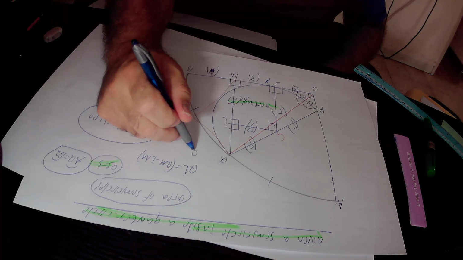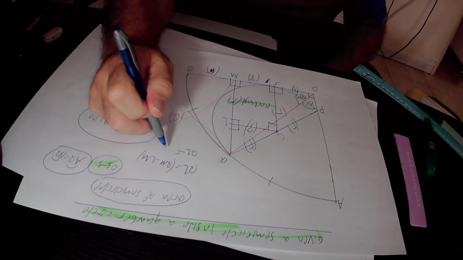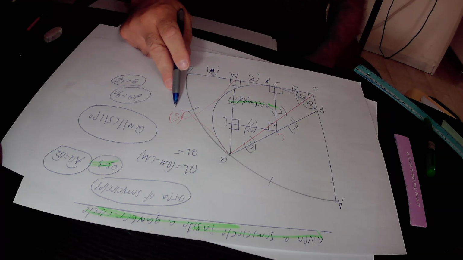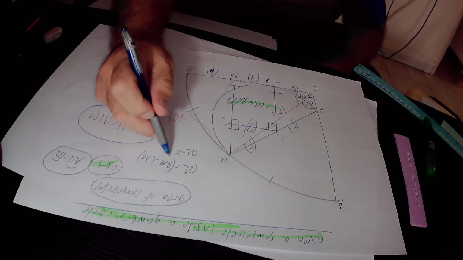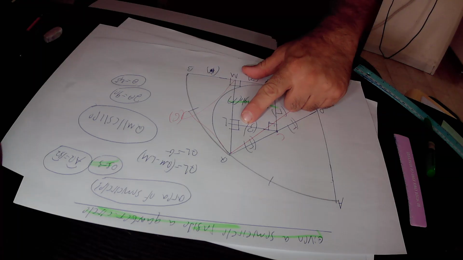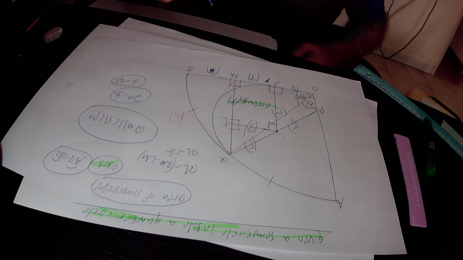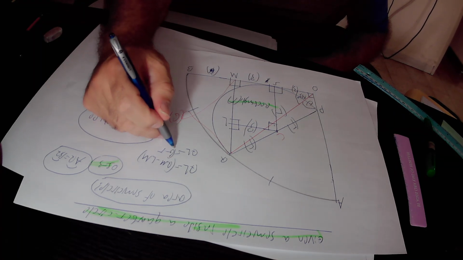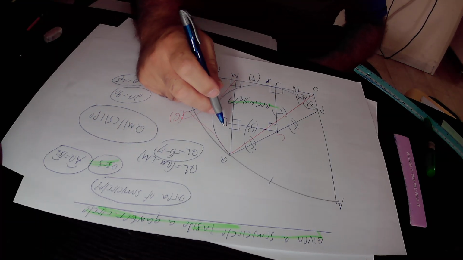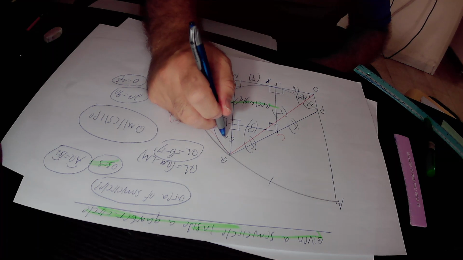We already found out that QM equals 6 units in its length, minus LM. We just found that LM equals R. So in total, QL equals 6 minus R units in its length.